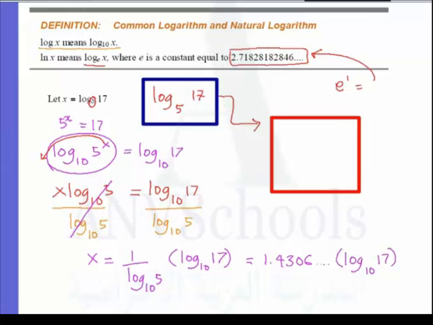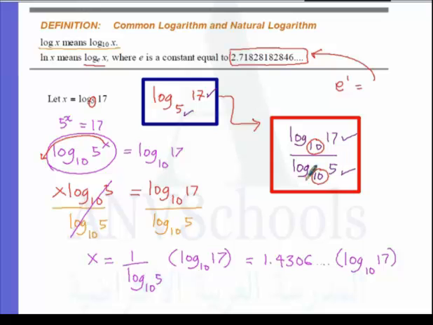So therefore, in this case, this one became log base 10 of 17 over log base 10 of 5. Notice that your 5 came here and your 17 was there, and they have another base, which is 10, which is a common logarithm.